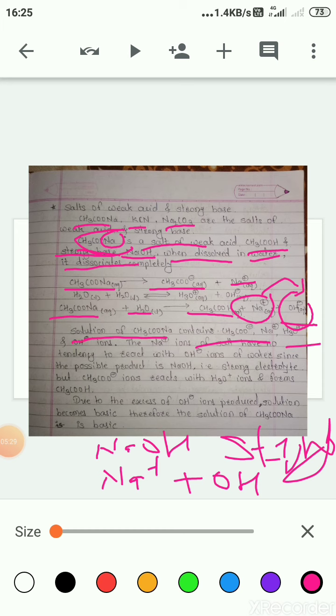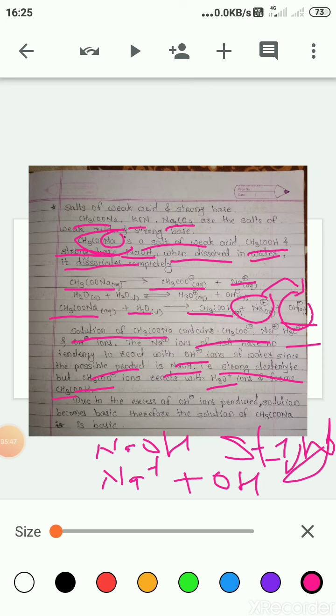The ions of salt have no tendency to react with OH- ion of water, since the possible product is NaOH, which is a strong electrolyte, and acetate ion reacts with H3O+ ion to form acetic acid.